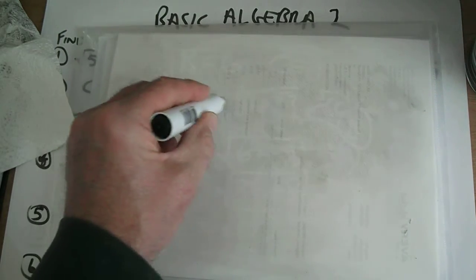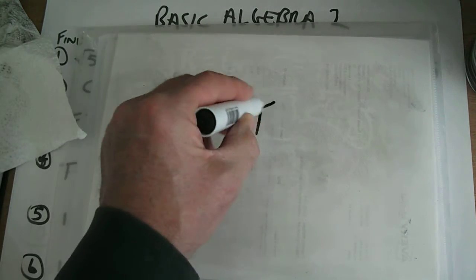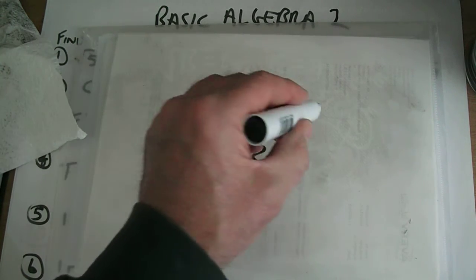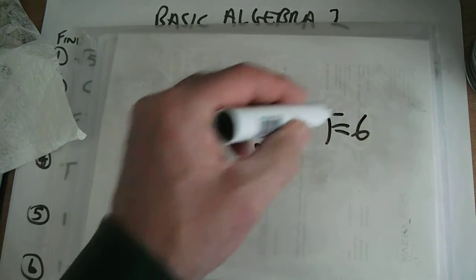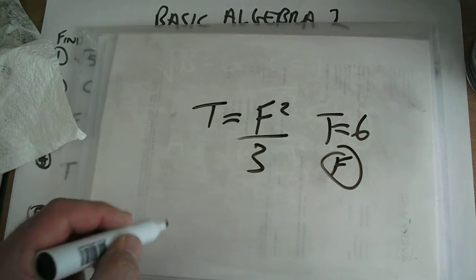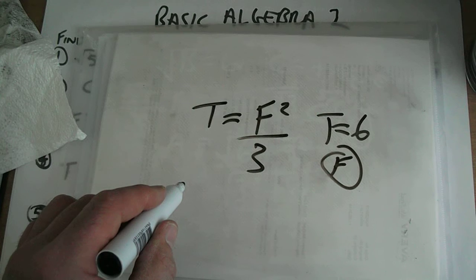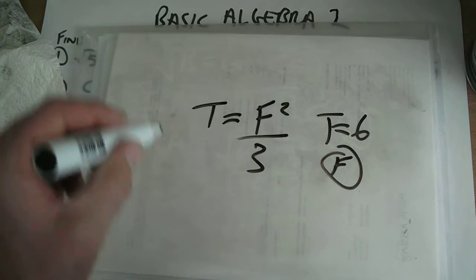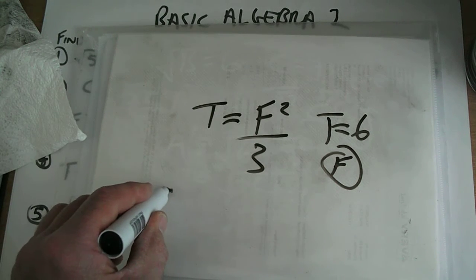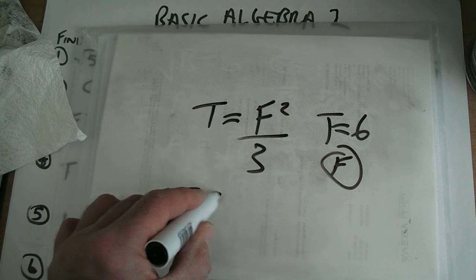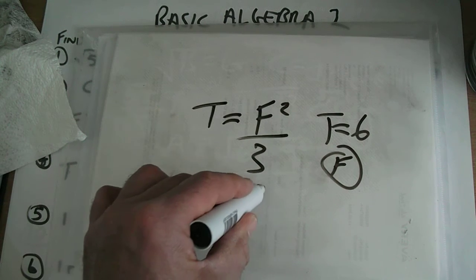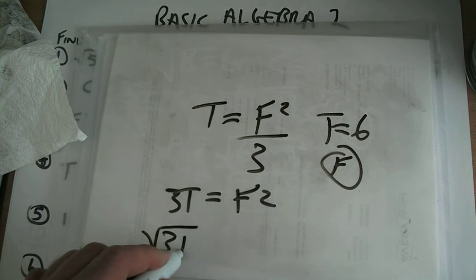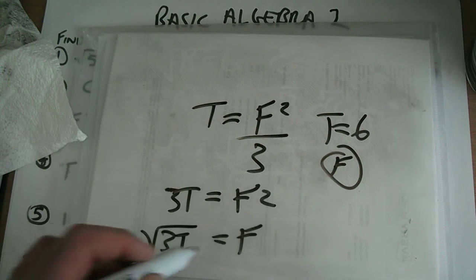If I have a simple formula, t equals f squared over 3, and I tell you that t is equal to 6, find f, then we substitute the figures. Well, actually I prefer to cross multiply first, so I'll say 3t equals f squared, and I'm trying to find f, so the square root of 3t equals f.